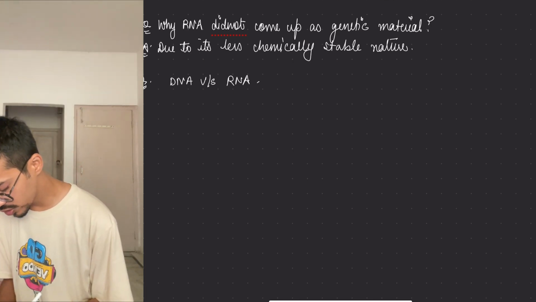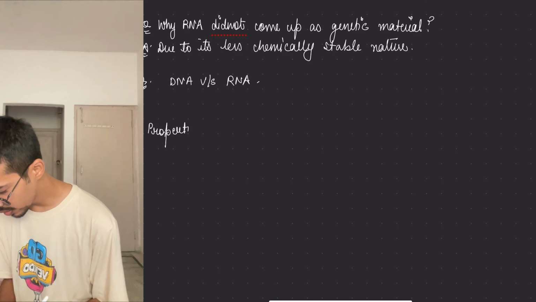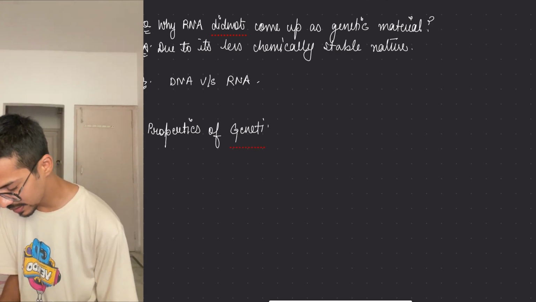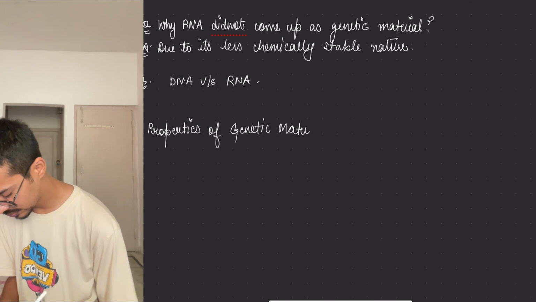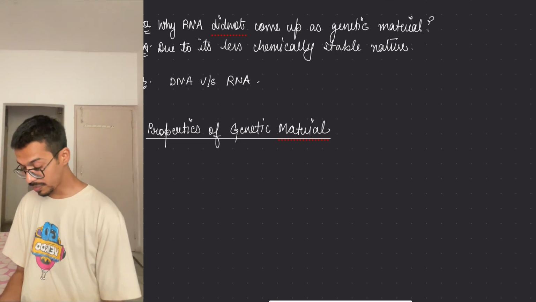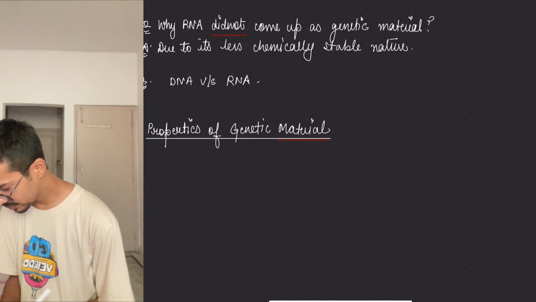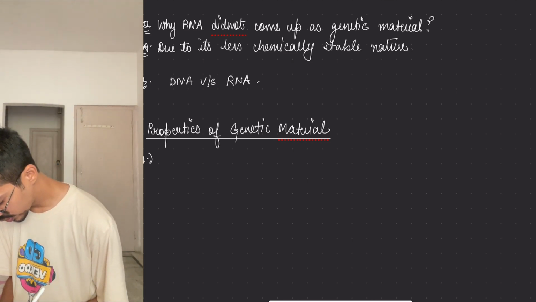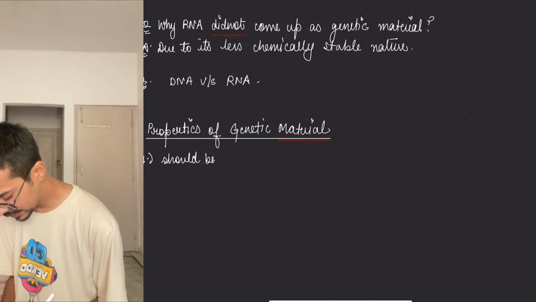Coming to the major question, what are the properties of genetic material? Don't worry, this is the last topic. Number one, it should be chemically stable.